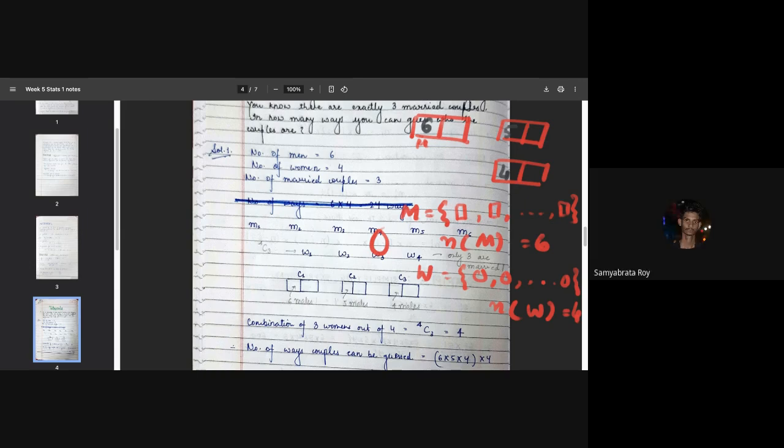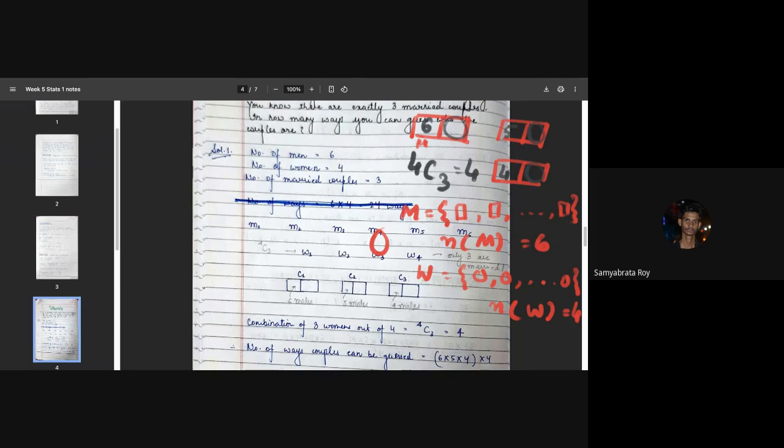Now I have 3 available slots for placing women, so I have to choose 3 women from 4. Like from a set of 4 women, I have to choose 3. So I'll simply use 4C3, which is 4, right?